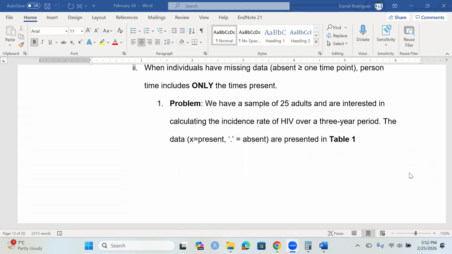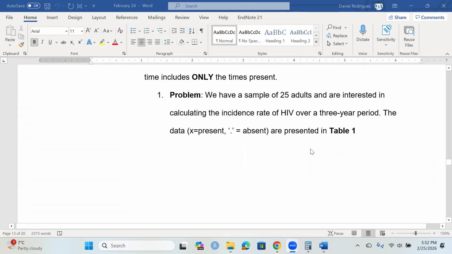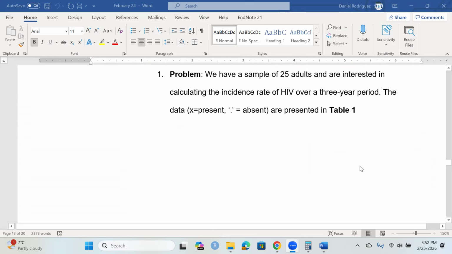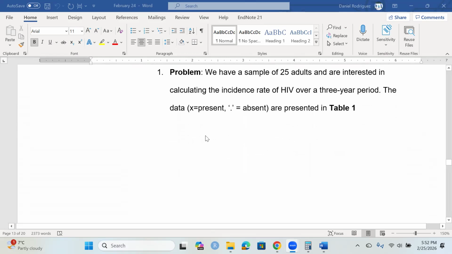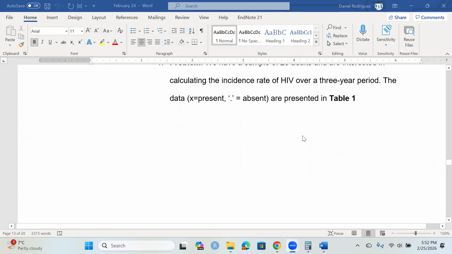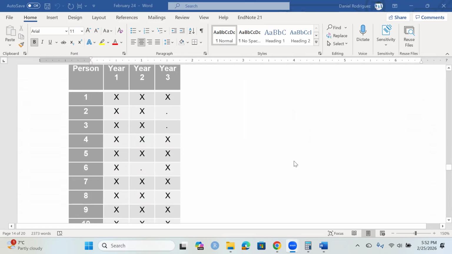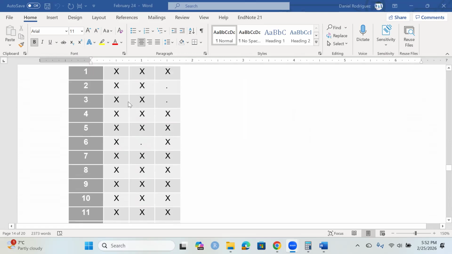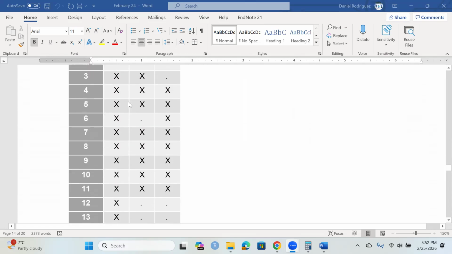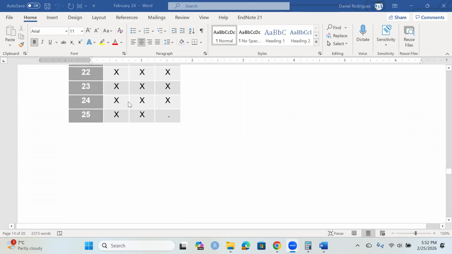So if we have a sample of 25 adults and are interested in calculating the incidence rate for HIV over a 3-year period, here's what our data looks like. X represents present, dot represents absent. It's your universal symbol for missing data, and we present those in table 1. We have 3 years, so we have these 25 folks. You can see that the first year everybody was there. There's no missing data.